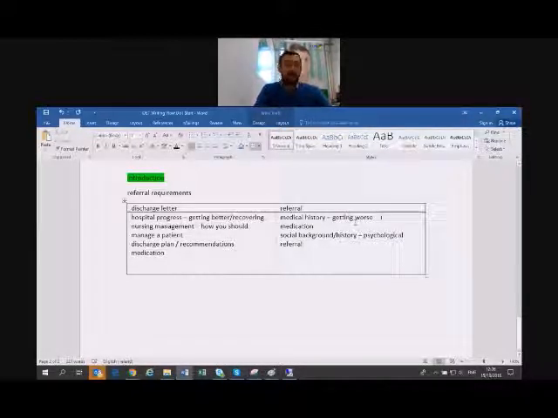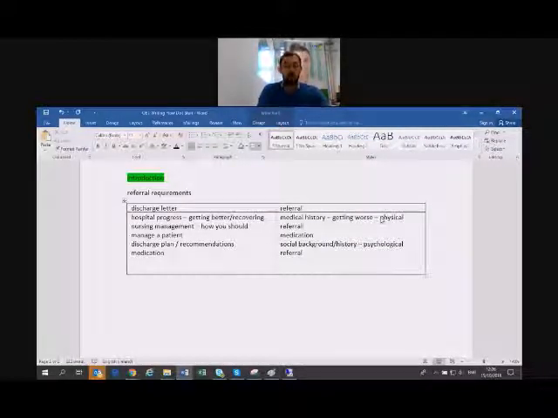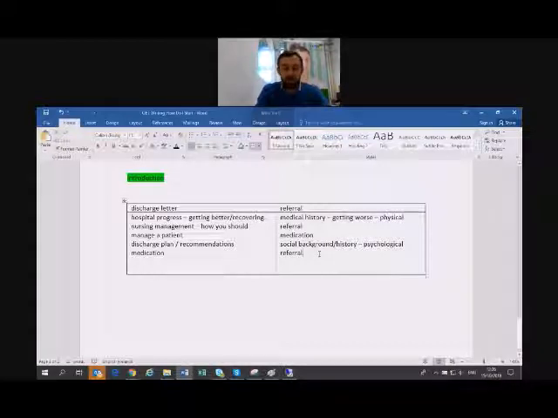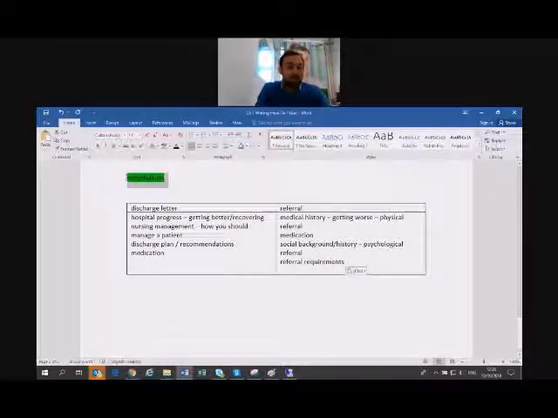And in the medical history, it's probably going to be a physical referral, something wrong with the body, and referral requirements, obviously you're going to put that in here. And then you're going to have introductions in both of them.